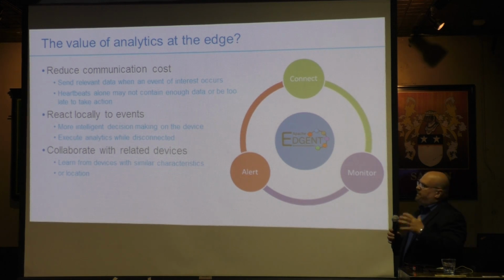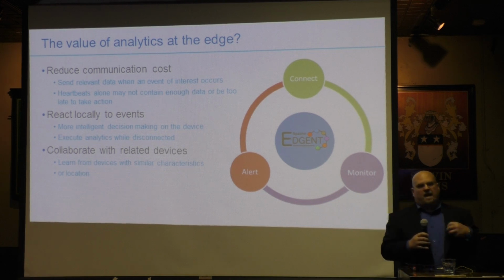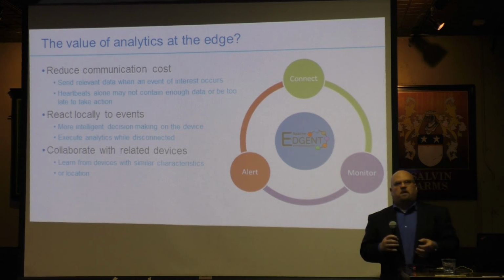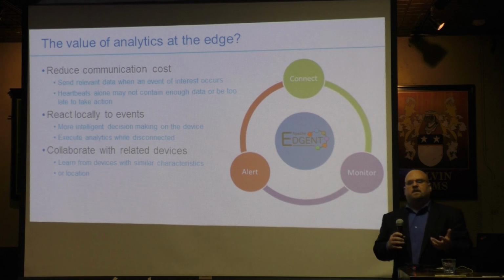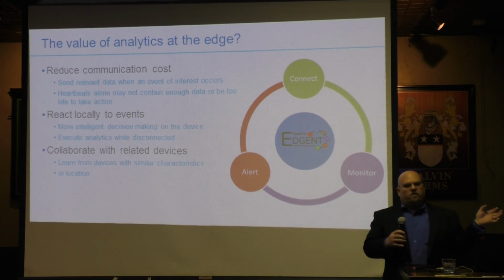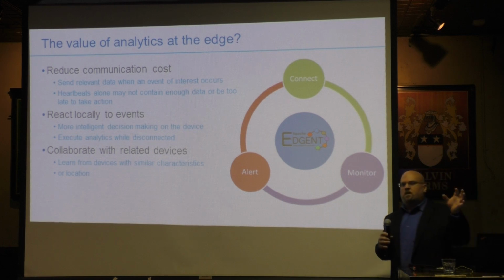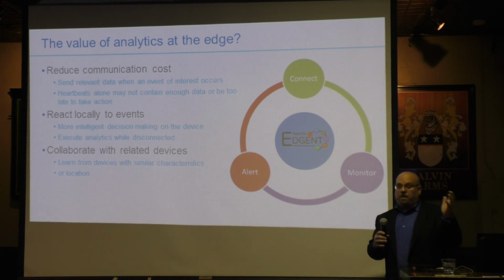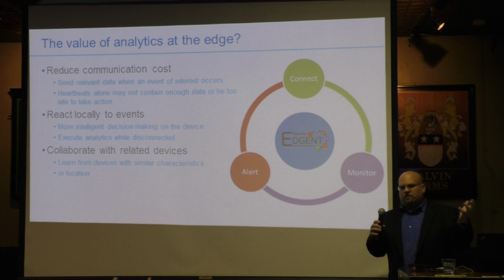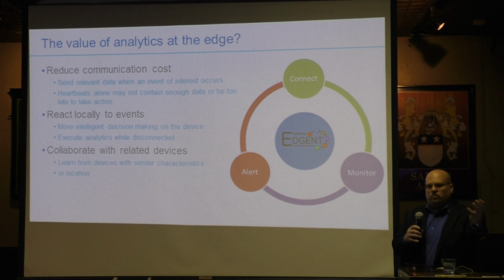The value of doing things at the edge is about reacting locally, right? Not having to wait for the latency of the data to transfer, for some process to run in the cloud or in a data center, and then somebody to pick up a job in the queue and call somebody.